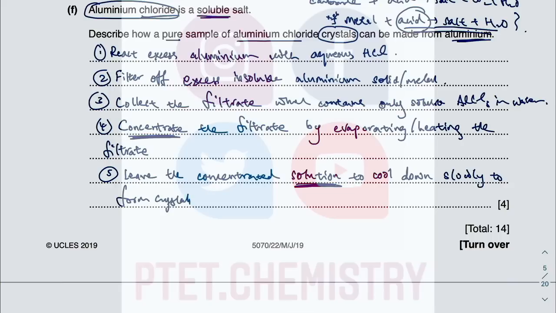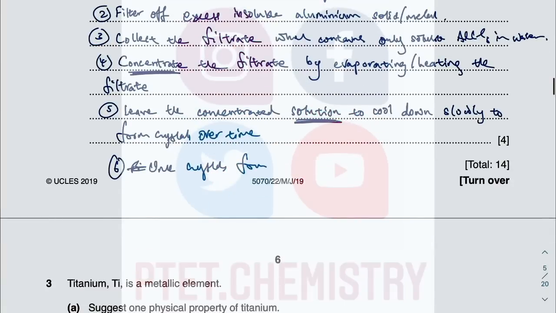So now that you have your crystals, once crystals form over time, which might be a night or 2 nights or a couple of days, filter and wash with distilled water.